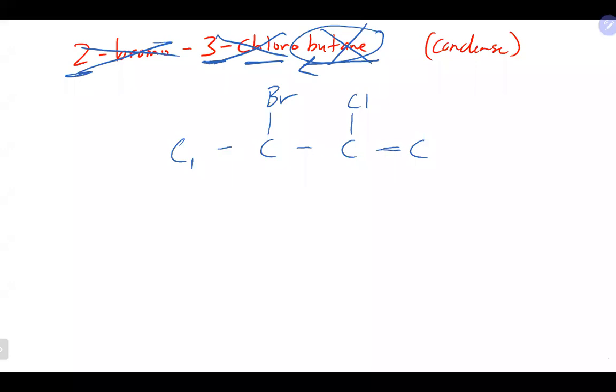This guy on the right has 1 line coming in, which means it needs 3 hydrogens. The guy next to it has 1 line, 2 lines, and 3 lines, which means it needs 1 more to fill it up. Also, the guy next to it has 1 line, 2 lines, and 3 lines, which means it needs 1 more hydrogen. And our guy at the end here has 1 line, which means it needs 3.